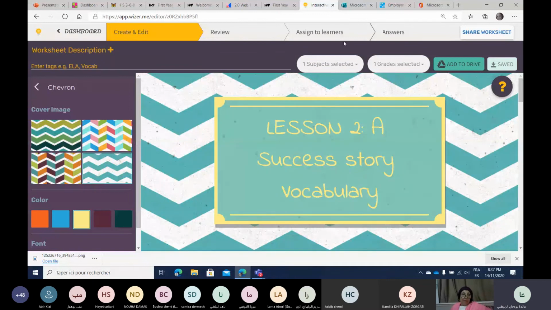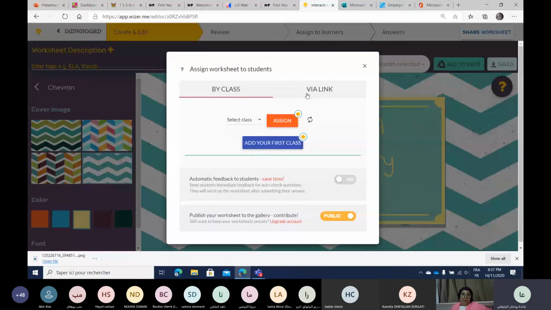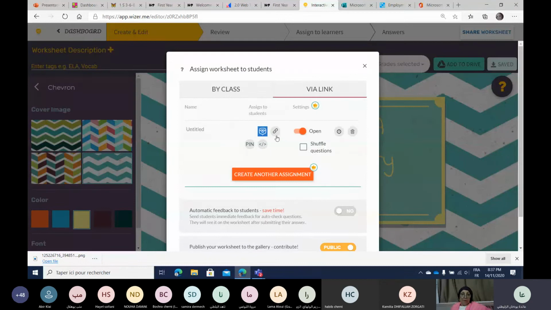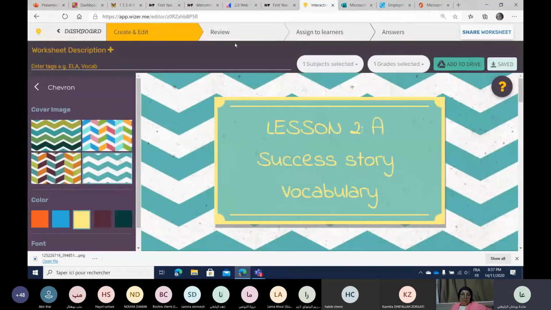So if I want to assign to learners, I have to go to the link. I would copy the link and send it to my students or post it to my Padlet.